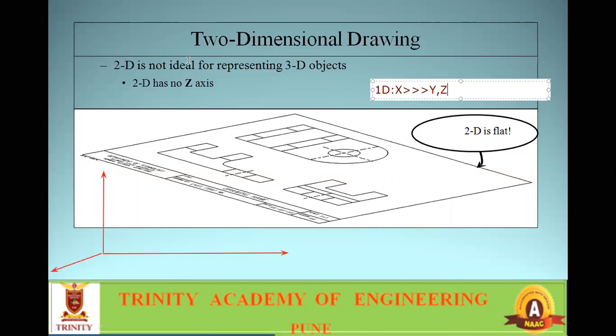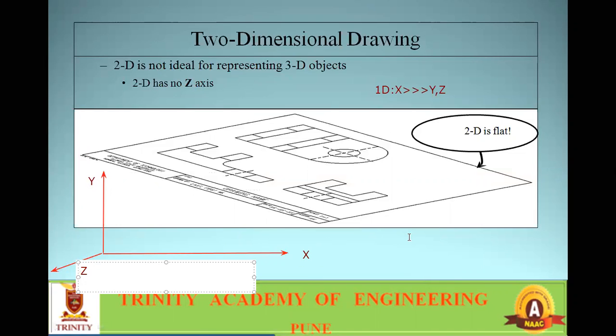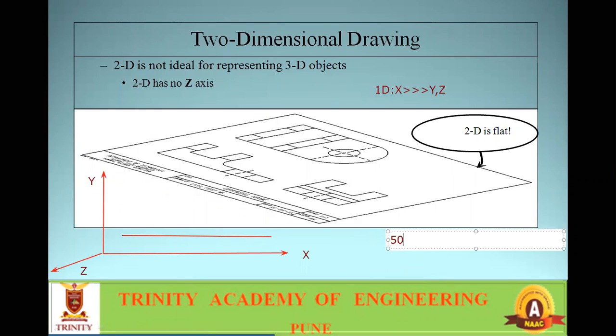Means what? I will draw here text again. Suppose this is x axis, this is y axis, and this is z axis. So x, y, and z axes are there, but if only one beam is there, suppose one beam is having the length of 500 mm.